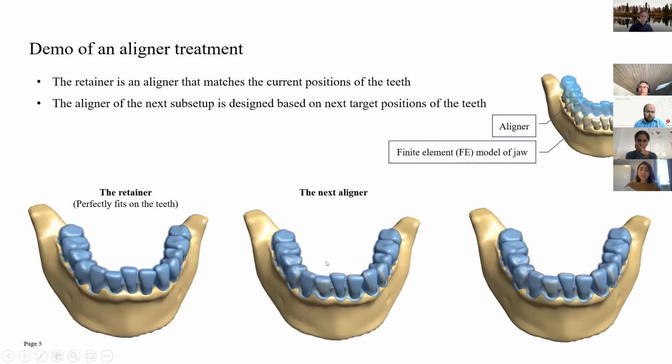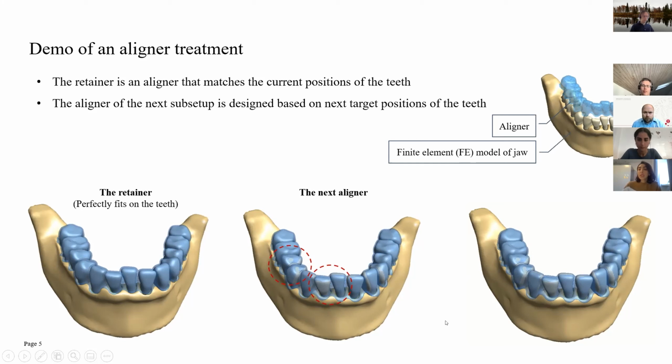But in the middle model, we can see the aligner that is designed for the next subsetup. Mainly this aligner has been designed in order to move the teeth toward the target position, and you can see the penetrations between the aligner and the teeth in these regions.